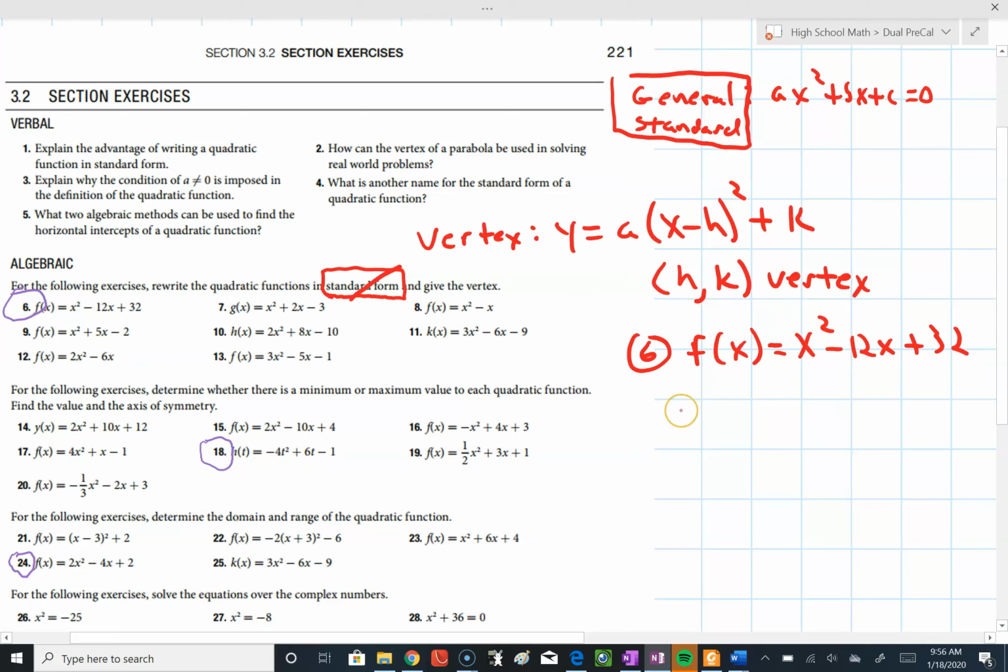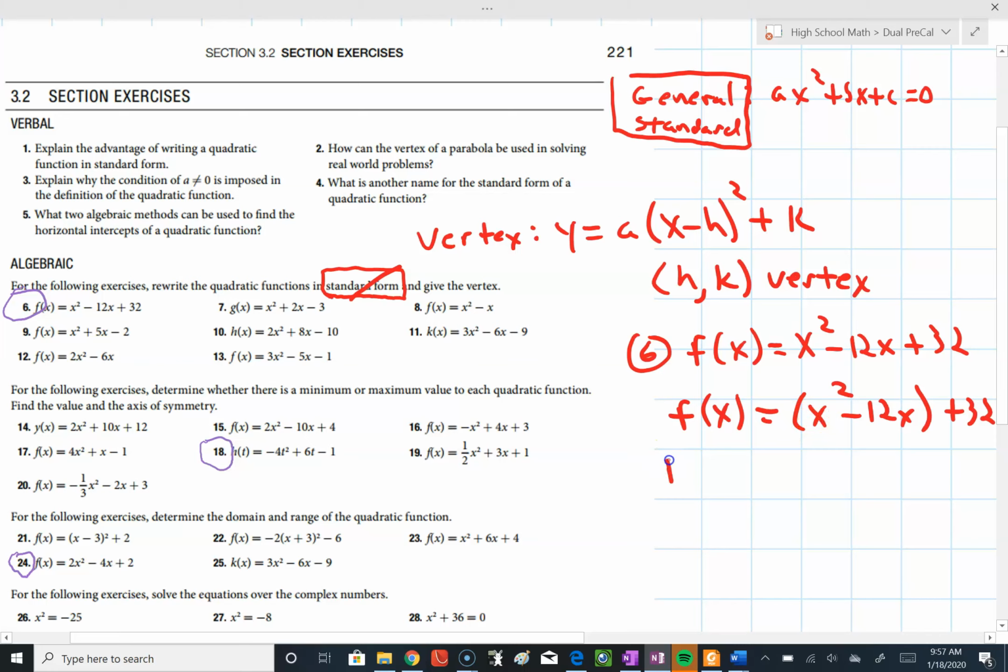The first step is we're going to group our variables inside of parentheses and put the constants outside. So in this case, x squared minus 12x inside of parentheses and our constant outside. If a here is other than 1, we need to factor out that number. In this case, it's 1, so we don't need to worry about that.